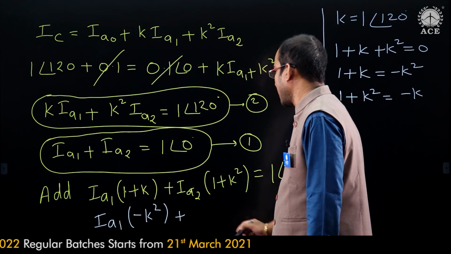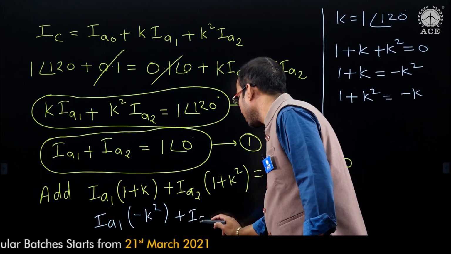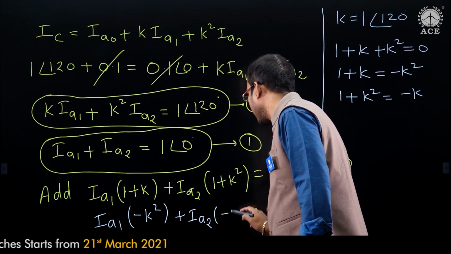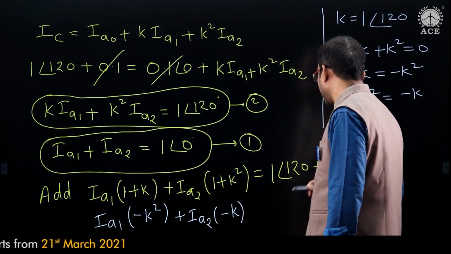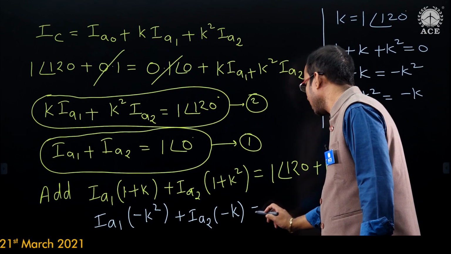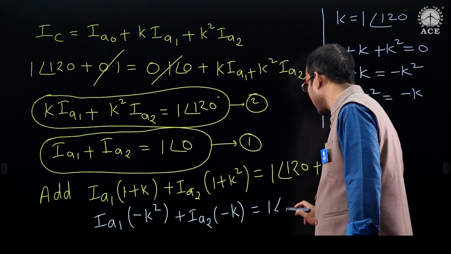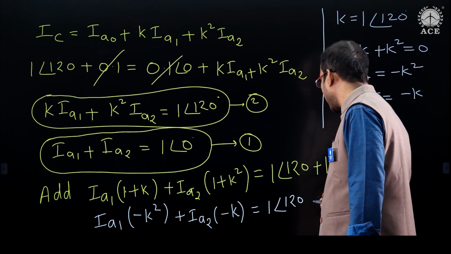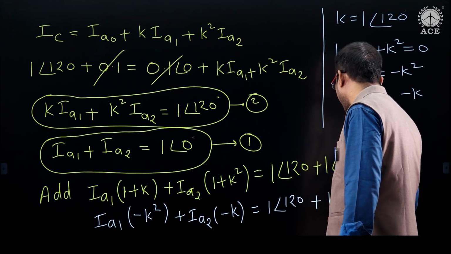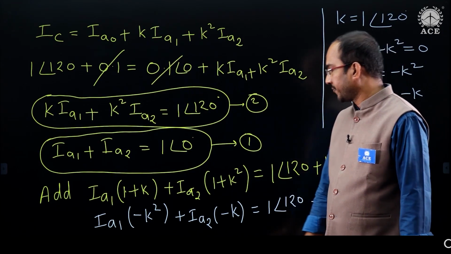plus IA2 into minus K is equal to 1 at an angle 120 plus 1 at an angle of 0.